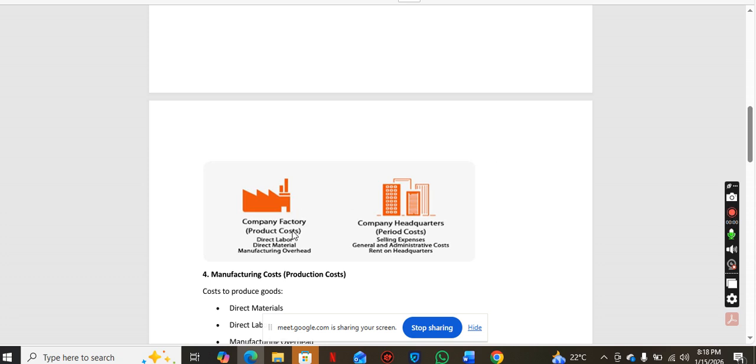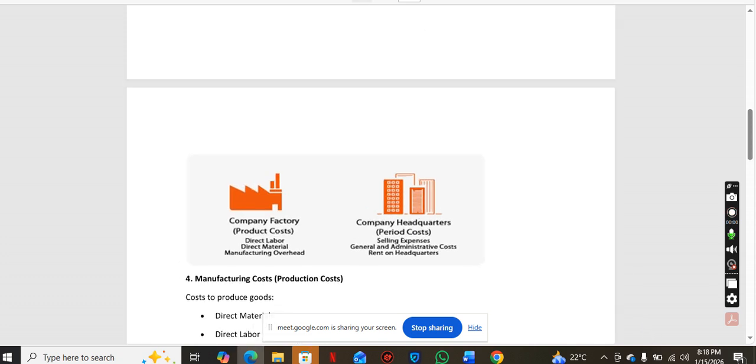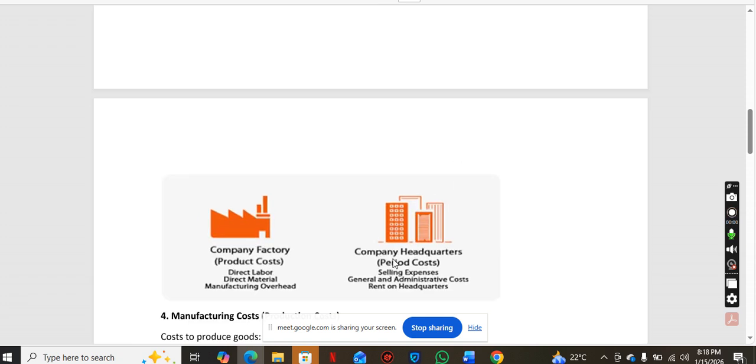Production costs or manufacturing costs are the ones that happen in the factory. Period costs are the ones incurred in the offices, where the paperwork is done, where production is not being done.